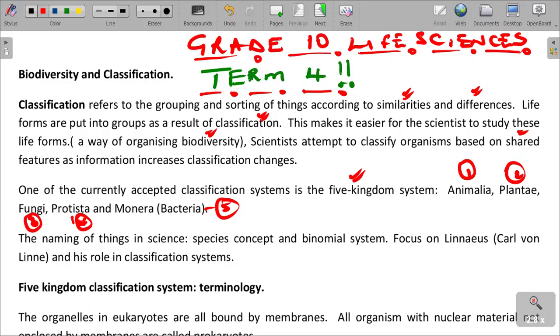However, we have a further division and classification of organisms that I want you to understand: the genetics and physiology of organisms.